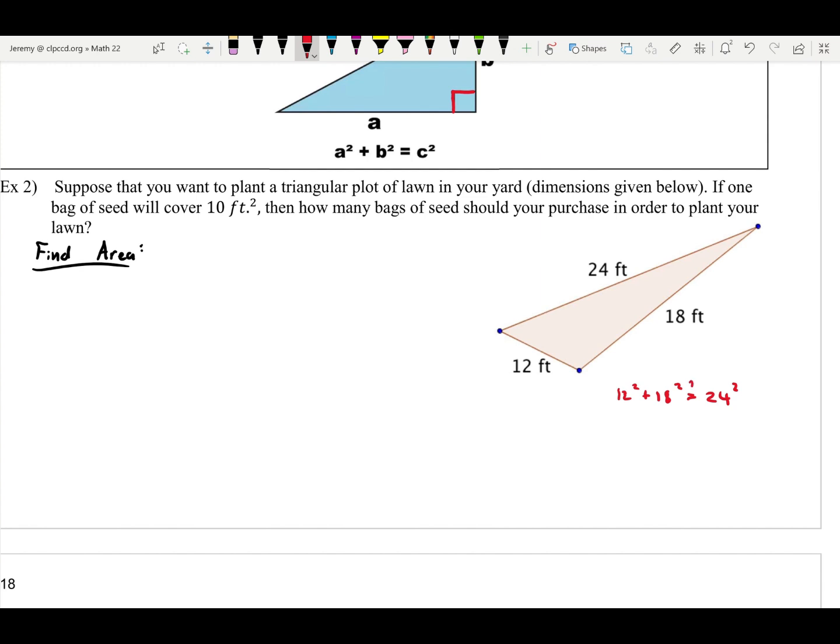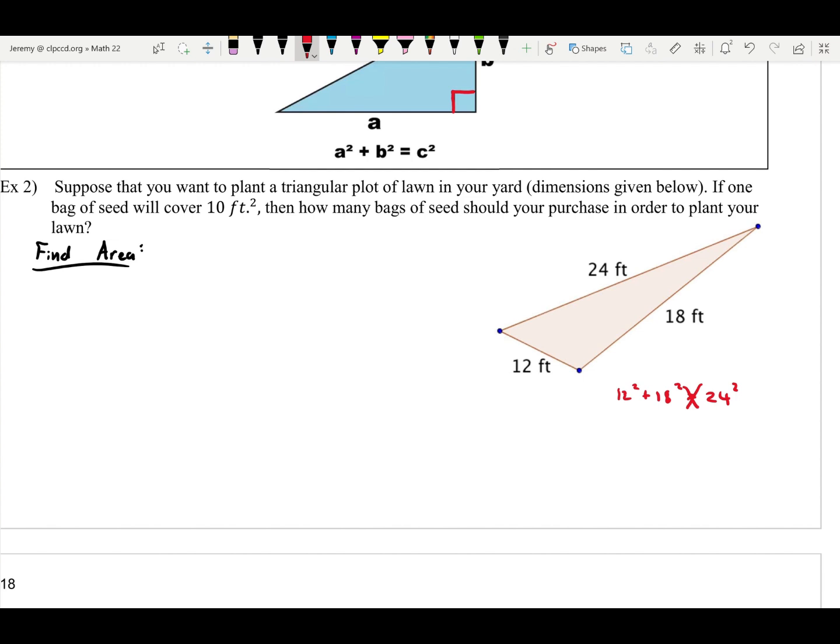I can put a little question mark over this because we don't know. You could check that, and if you get equality, you know that you have a right triangle. If you don't, you know that you don't have a right triangle. Now, in this case, it turns out that it isn't a right triangle.